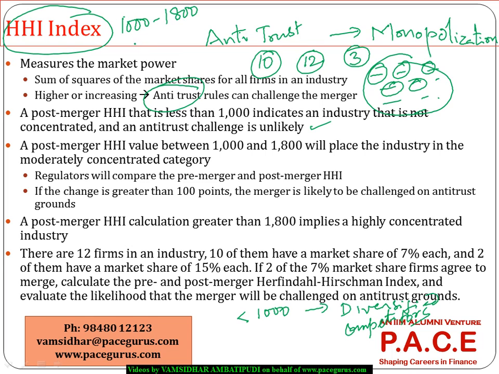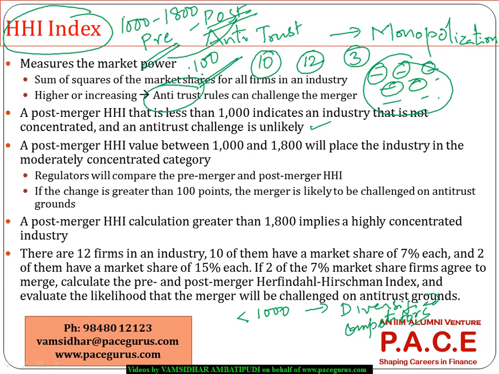But before getting into that, one more verification is done, saying what is the pre-HHI versus post-HHI. Pre-takeover, what is the HHI, and post-takeover, what is the HHI. If the difference is more than 100, then there is a possibility of the antitrust law coming into picture.